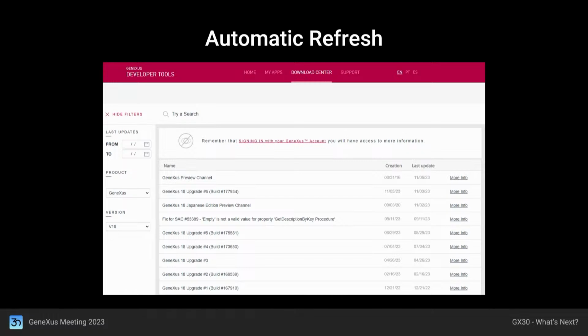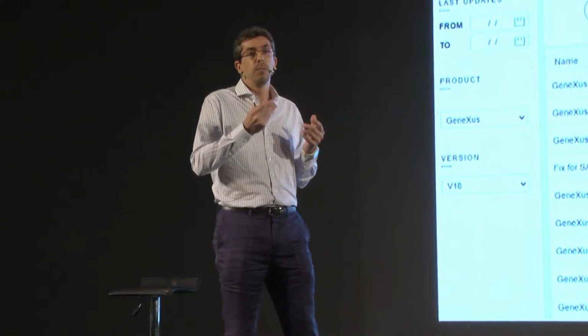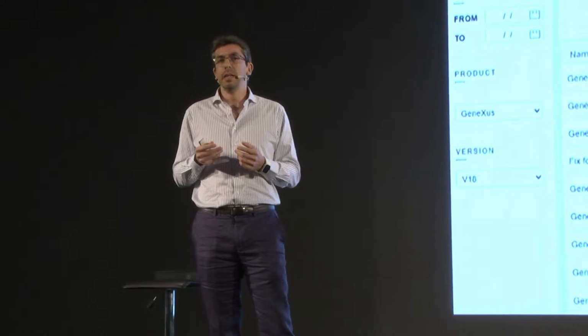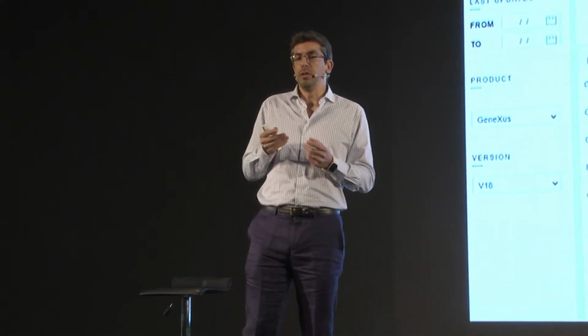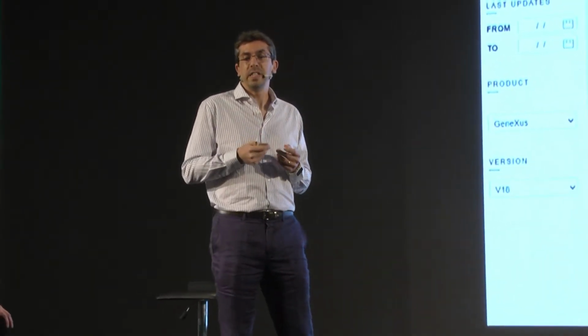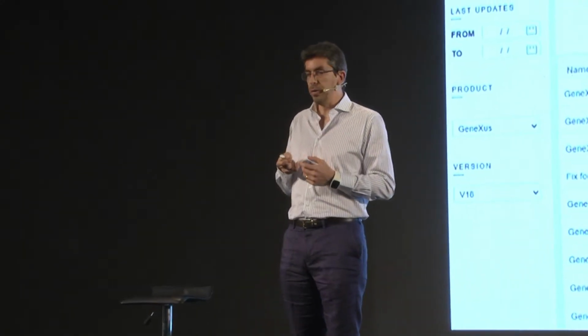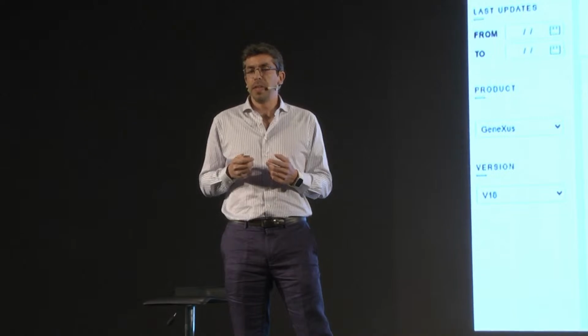If I change any of those filters, the grid will be refreshed without you having to do any other programming. GeneXus realizes automatically that this field changed or something was added, and GeneXus generates the necessary code to refresh the grid with the data that the user has entered.